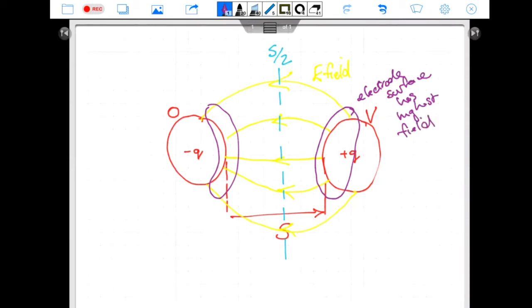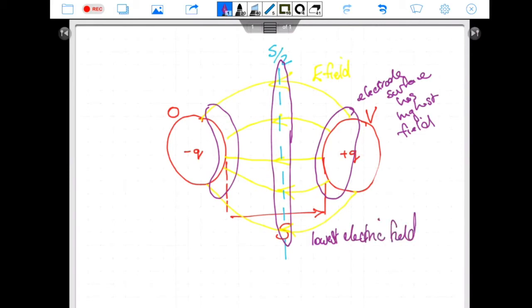Right, what about the midpoint? What can you see about the electric field lines? They're further apart, aren't they? So the lowest electric field is here. But it does not equal zero.